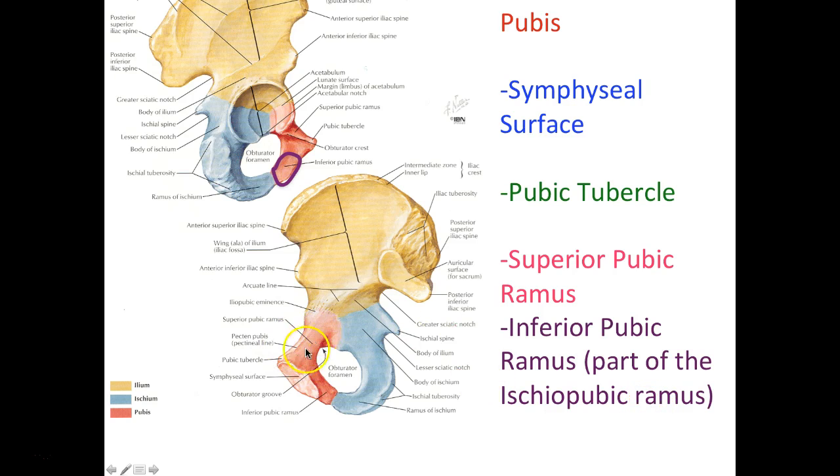This is a completely different part. However, this inferior pubic ramus is a part of the ischiopubic ramus, this entire branch. So I could say inferior pubic ramus plus ischial ramus equals ischiopubic ramus.